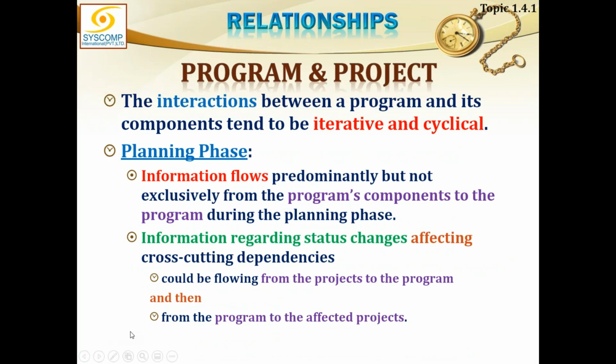The interaction between a program and its components tends to be iterative and cyclic. In the planning phase, information flows predominantly, but not exclusively, from the program components to the program. Naturally, when we are planning, this is a kind of bottom-up planning.